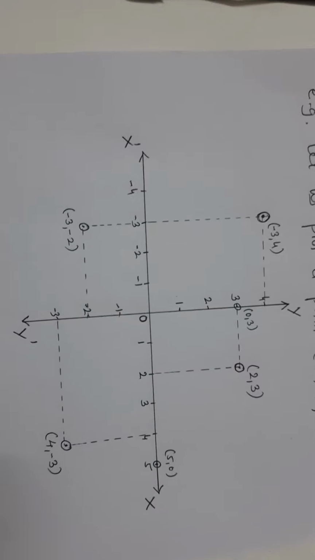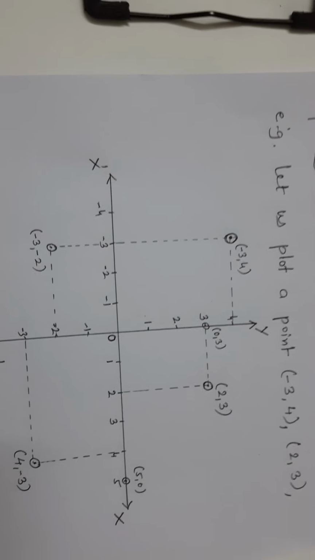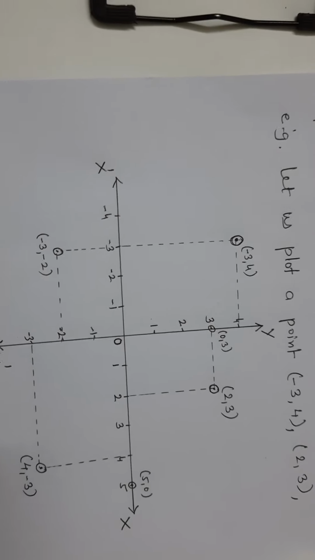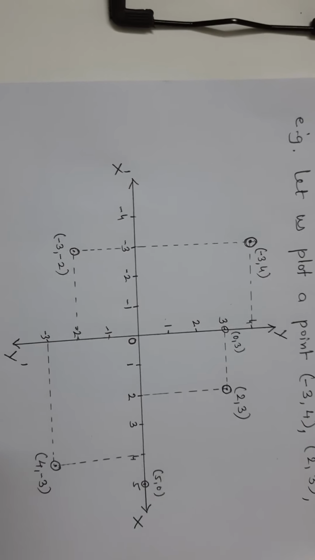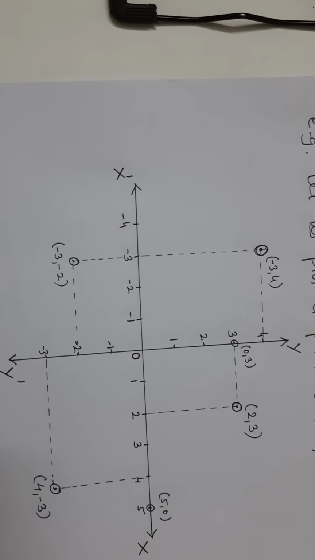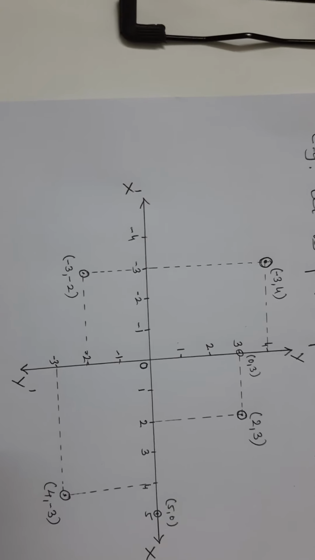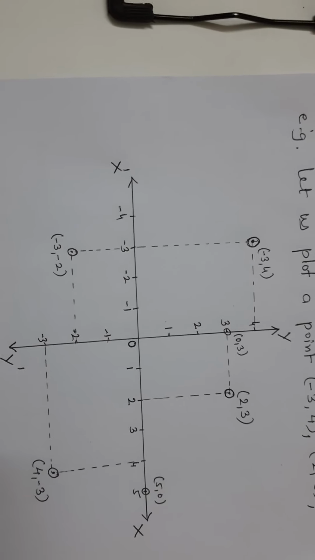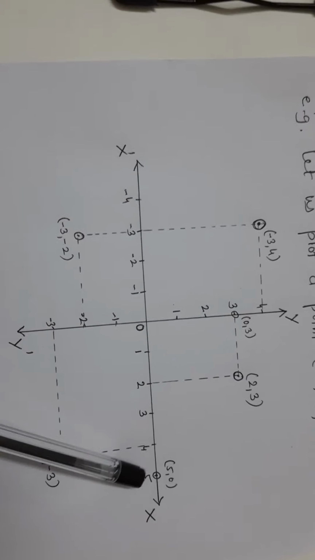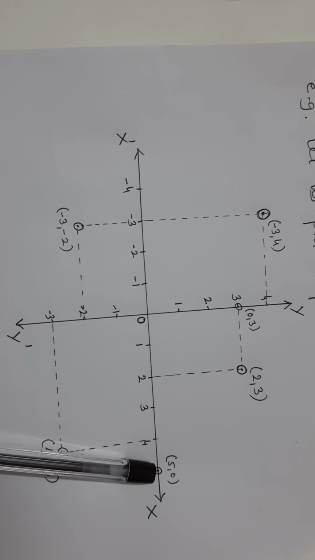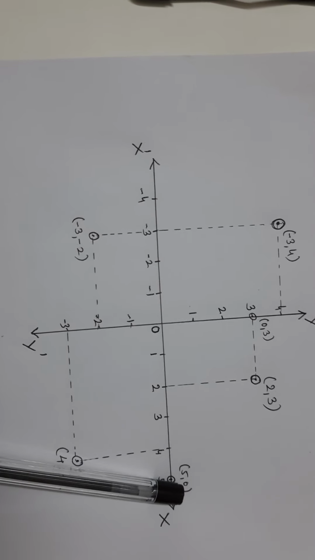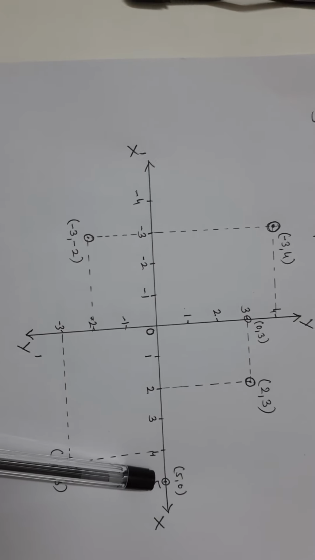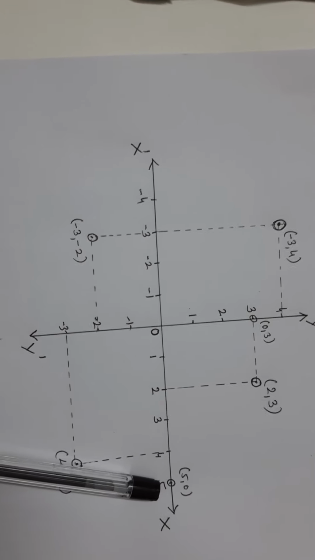Then comes about points lying on x-axis and points lying on y-axis. Remember, if a point lies on x-axis, then its y-coordinate is 0. I repeat, if a point lies on x-axis, its y-coordinate is 0. So 5, 0 is a point that lies on x-axis.